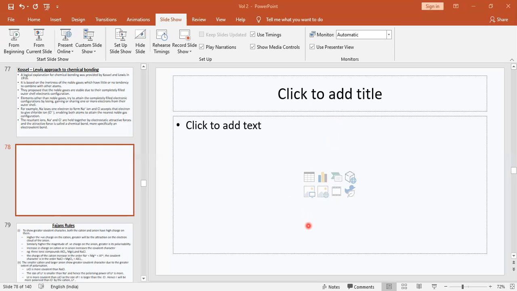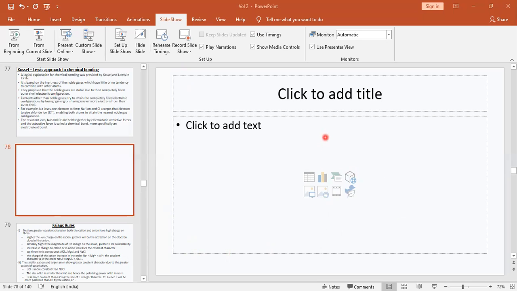Then comes resonance. Resonance means we are able to write more than one structure for a compound or molecule. If we take the example of carbonate, CO3 2 minus is the carbonate. Here the resonance structure will be given in these forms.